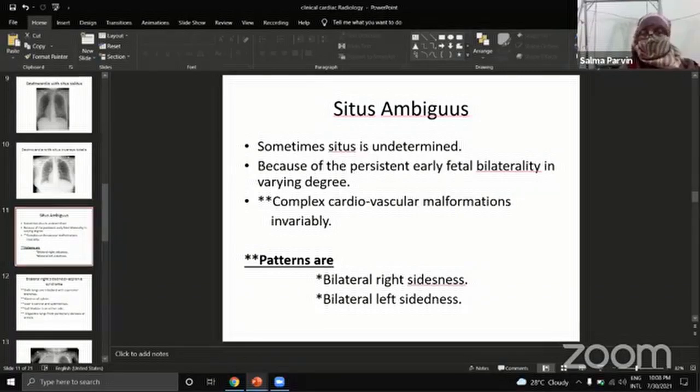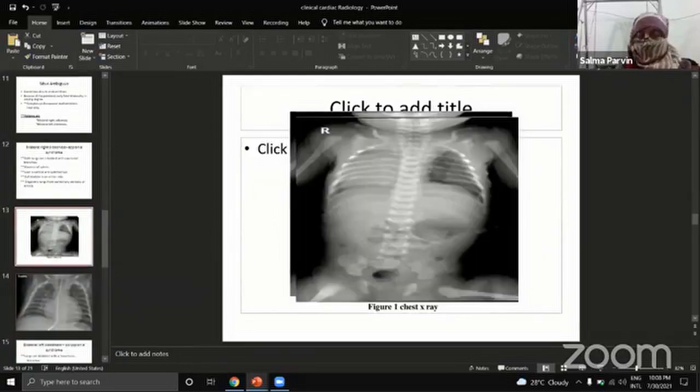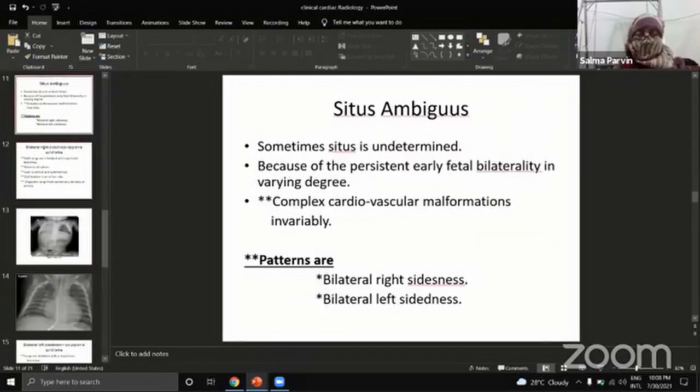And ambiguous is what? I hope I got only 2 cases of situs ambiguous in my practicing life, where the liver is horizontal and there are similar lung fields on both sides. So how can we understand whether both lungs are right or left?